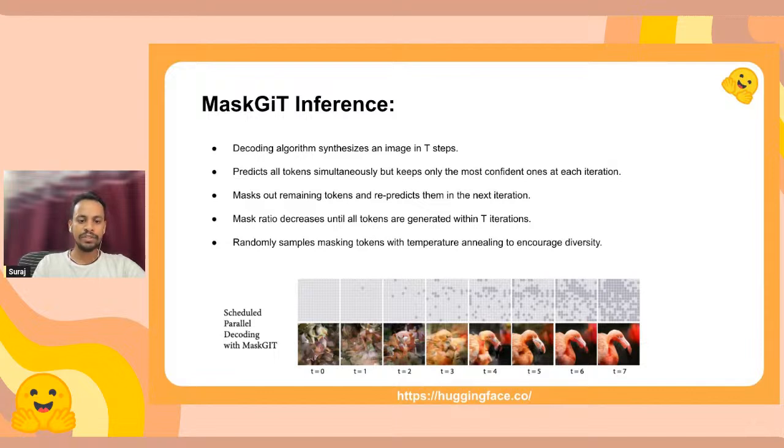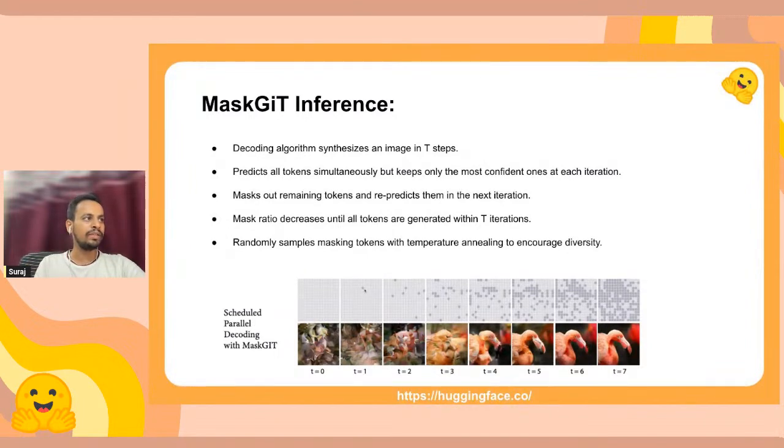Then during decoding, as you can see in the image, we fix the number of steps. For example, we say we're going to do the inference in 7-8 steps or 16 steps. When we start the generation at T0, we start with all mask tokens, feed that input into the model, and the model predicts those mask tokens. Then we choose some tokens which have a higher probability.